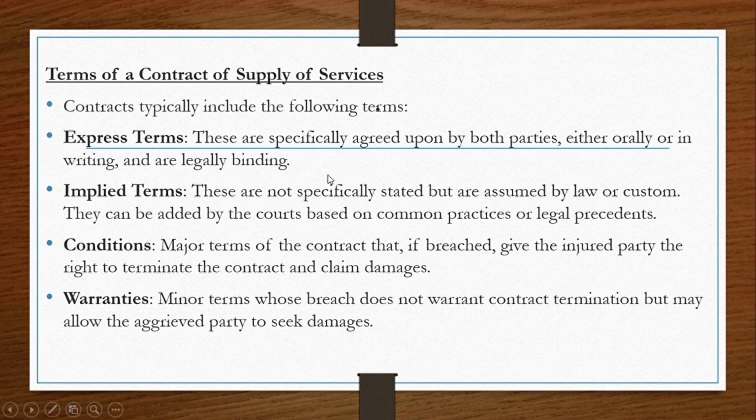For example, if you hire a service provider to decorate for you and your condition is that you want a gold decoration, everything should be gold, and then the service provider ends up decorating whatever they want without following your condition, the buyer or the consumer has a right to terminate the contract and then claim for damages because that's not what they wanted.